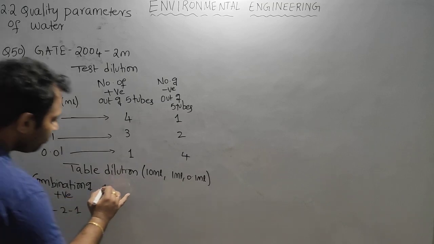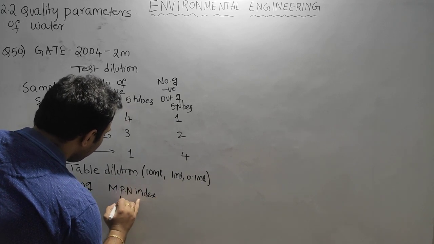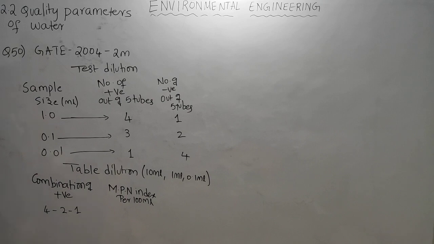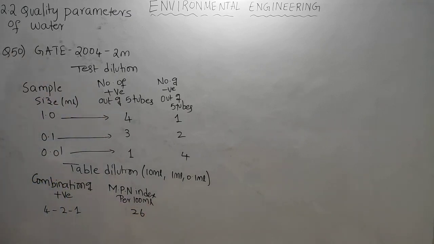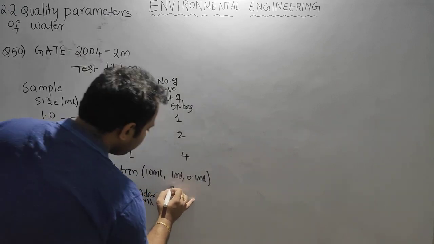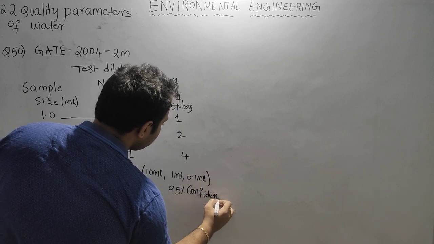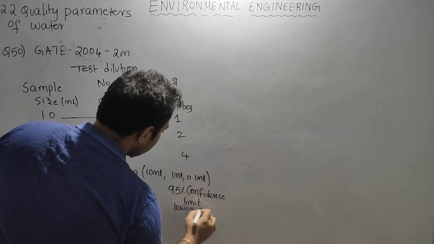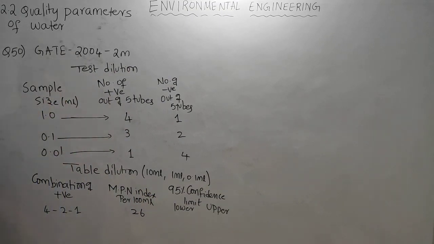MPN index per 100 ml was given as 26. The 95% confidence limit, lower value was given as 12 and upper value is 65.